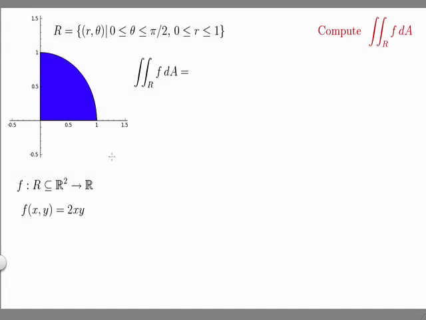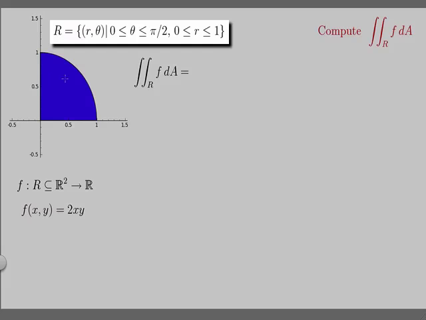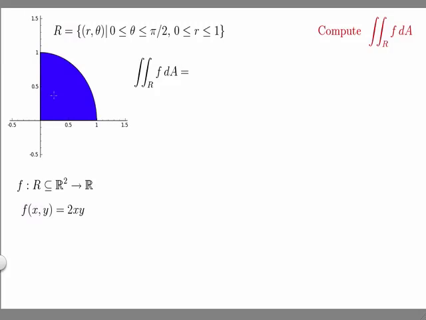I'd like to show you an example of computing a double integral of a function over a polar rectangle. In this case we have the polar rectangle we're calling R, and essentially it's the part of the unit disk that lives in the first quadrant of the xy plane.